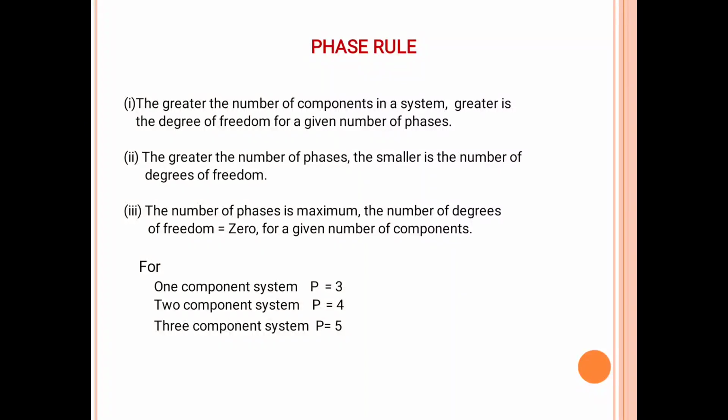Then phase rule: the greater the number of components in a system, the greater is the degree of freedom for a given number of phases. When the number of phases is maximum, the number of degrees of freedom is 0 for a given number of components. For a one component system, P is 3. For a two component system, P will be 4. For a three component system, P will be 5.